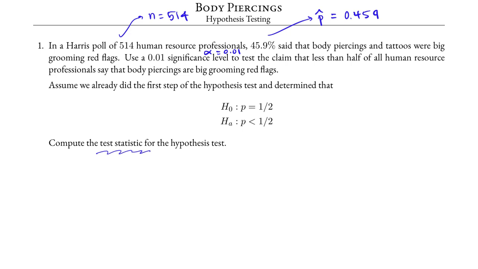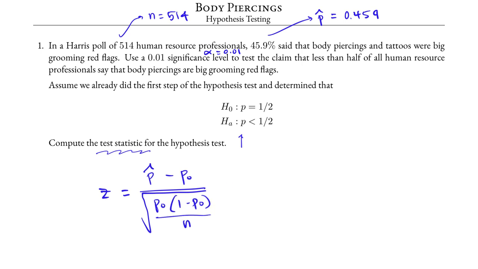The test statistic for the hypothesis test for the population proportion p is z equals p hat minus p naught over the square root of p naught times 1 minus p naught over n, where p hat in this case is 0.459 and p naught is the null value.